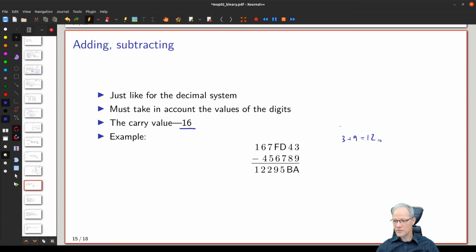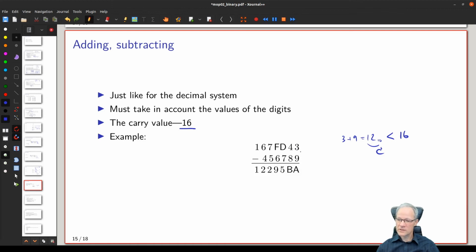For the decimal system, we would have the carry. We don't have the carry for the hexadecimal because this is less than 16. So adding these two numbers would come to C, right? So the result is C with no carry.